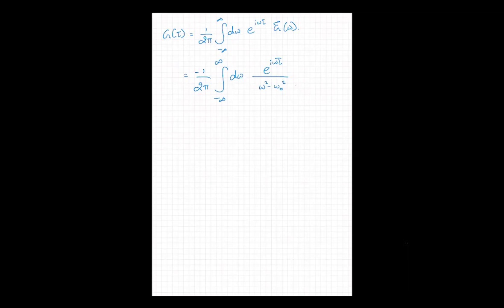So I can write this integration d omega e to the I omega tau over omega square minus omega 0 square as d omega e to the I omega tau, now adding some small imaginary quantity I epsilon. So this is a so-called I epsilon prescription.